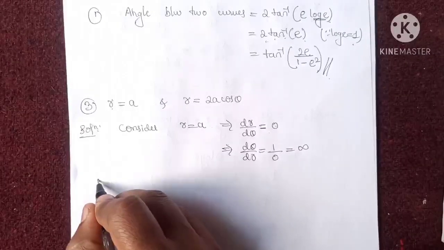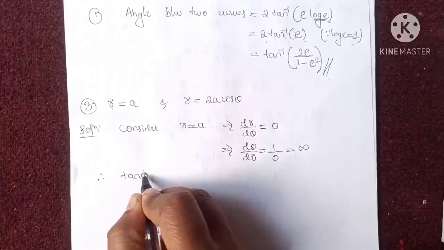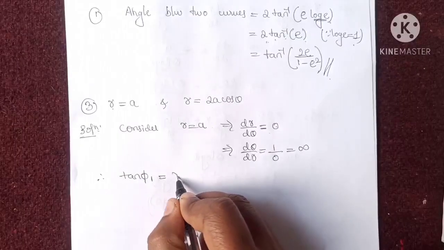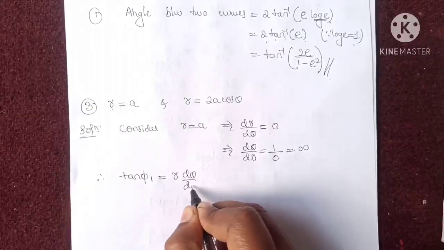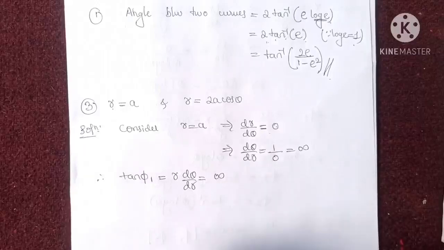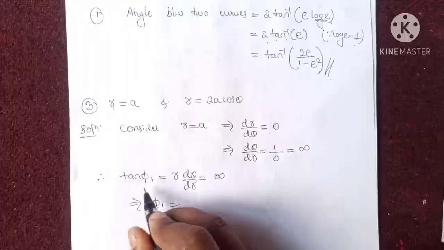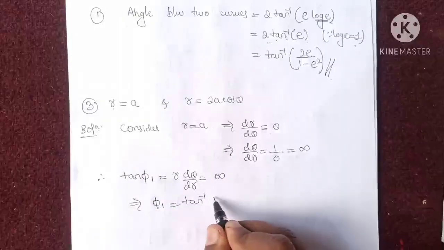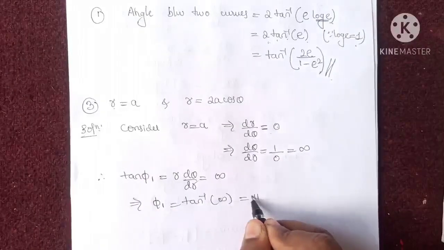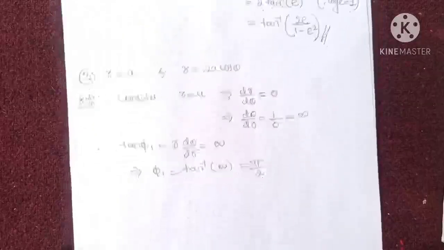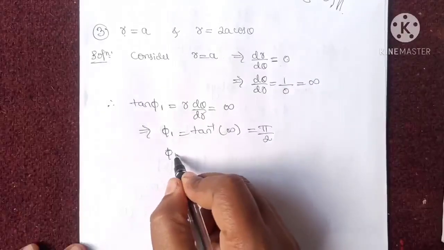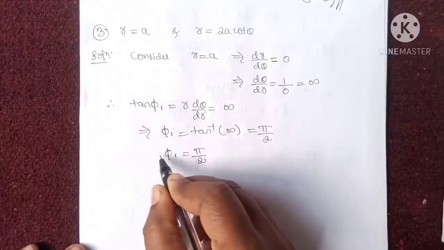Therefore tan phi 1 equals r into d theta by dr, which equals infinity. So phi 1 equals tan inverse of infinity, which equals pi by 2. Thus phi 1 equals pi by 2.